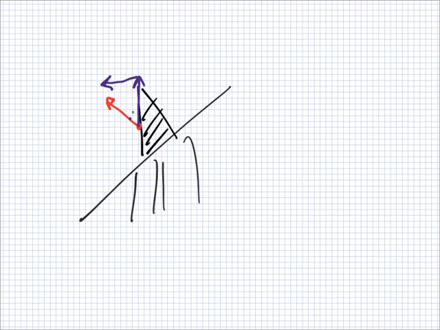So if the angle is here, you might think maybe this is the cos. No, you just remember, the side that touches the angle is always the cos. So because the angle is here, this one's the cos and this one's the sine.